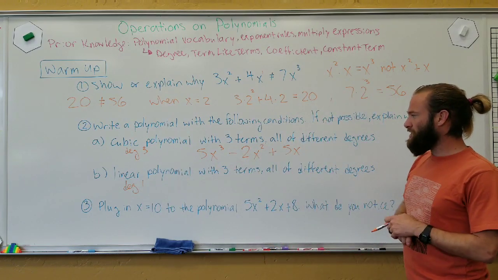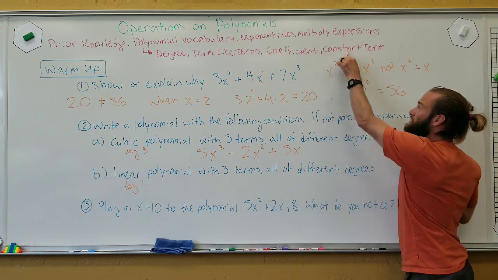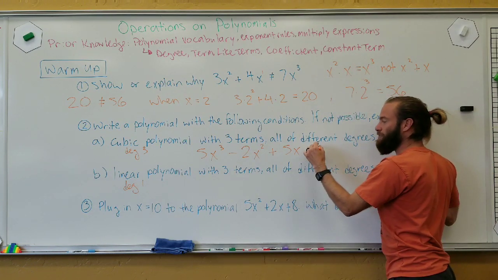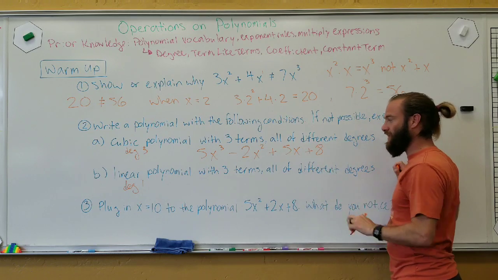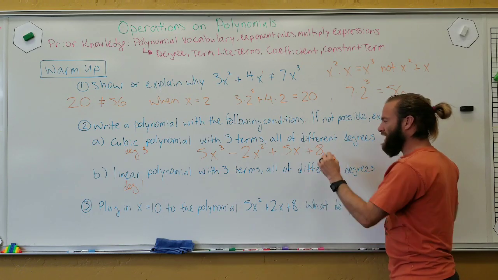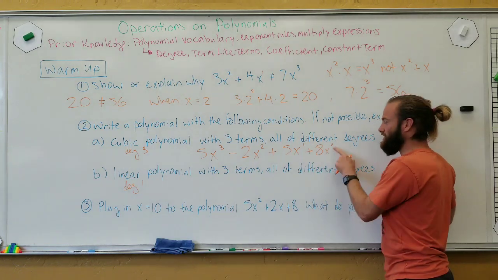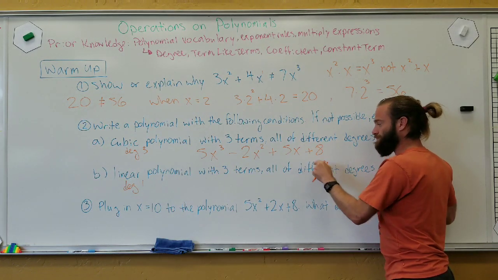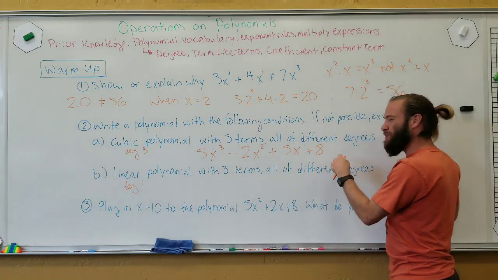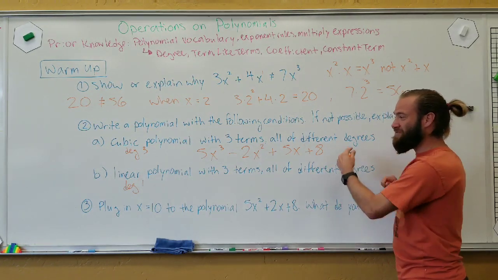Okay? Now, you might notice, we're missing the constant term. Remember, the constant term is like if I had a number added on the end, like plus 8 or something, right? There's no variable with it. Although technically, you remember in our video that it's x to the 0, since that's technically equal to 1. But anyway, this has 4 terms. So no matter what we choose here, we have to leave 1 term out.